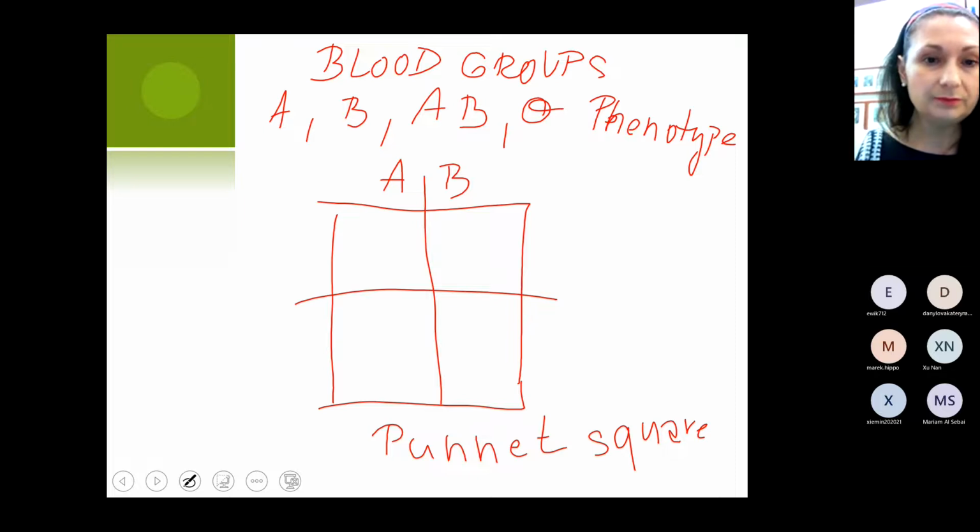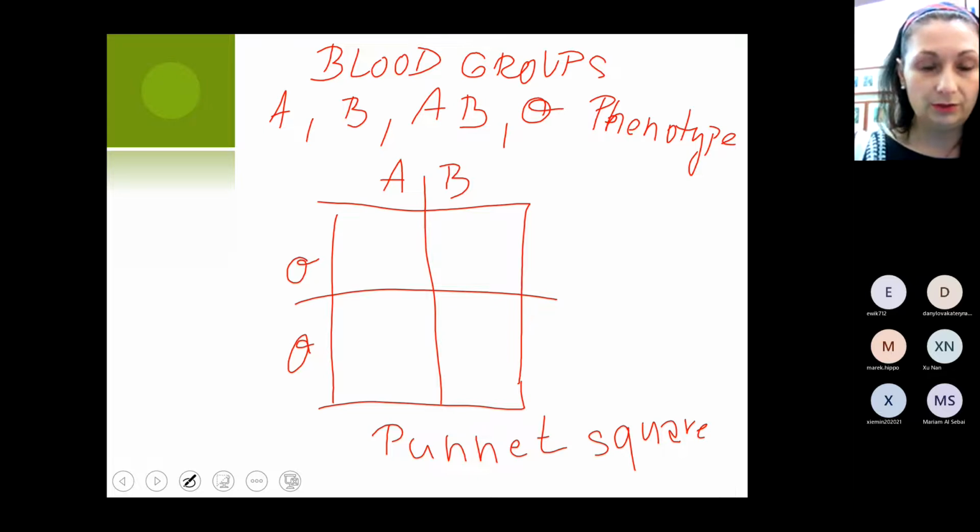However, our mother has blood group 0. 0 is recessive, so our mother must be homozygous, having two same alleles for blood group 0.